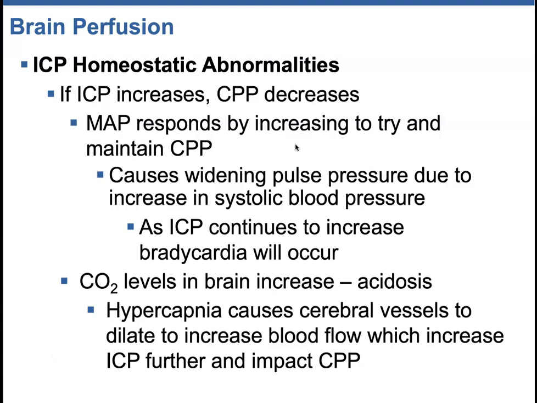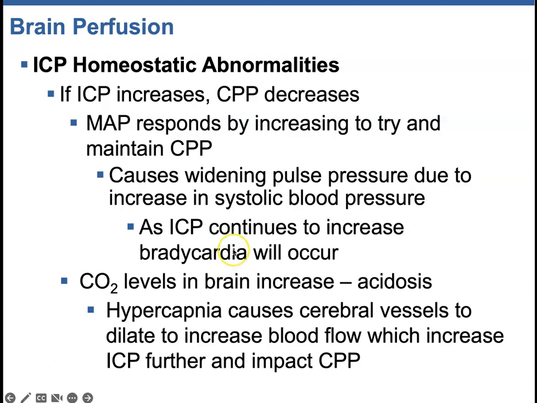But then what's going to happen is a continuing widening pulse pressure, so systolic continues to go up, diastolic is going to start to drop, and the ICP will continue to increase. And then eventually, because now you could start having herniation of the brain, you have the medulla oblongata starting to push through the foramen magnum and the occipital bone, that then is going to directly start impacting what happens in the heart, and now you start having bradycardia.